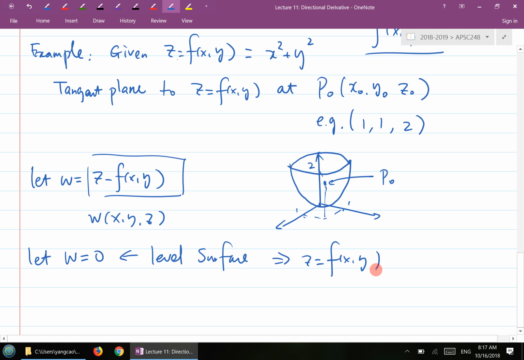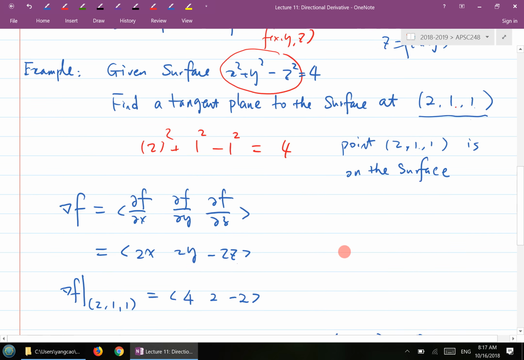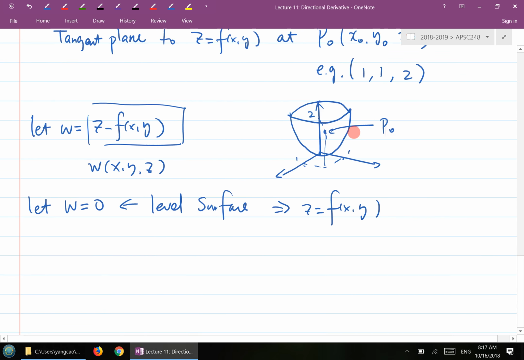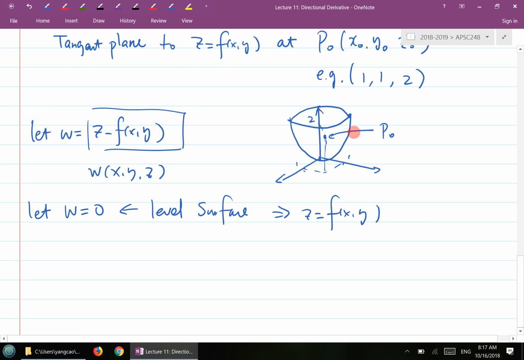So the idea is, whichever surface you're given, whether it's z equals f of x, y, or a surface like this, any piece of surface is part of a level surface of some function of three variables.